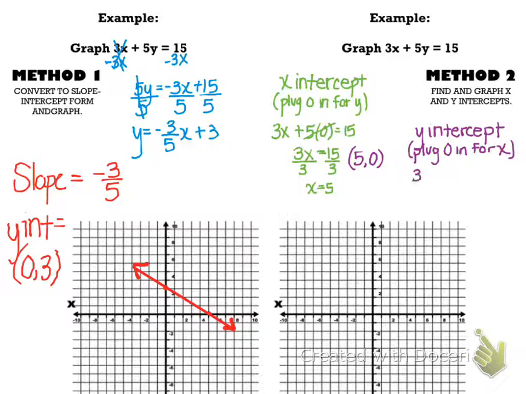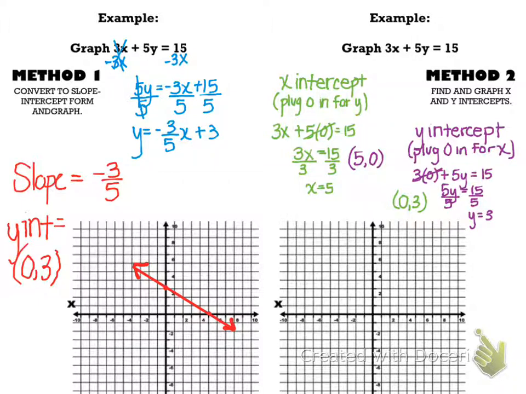So we're going to have 3 times 0 plus 5y equals 15. 3 times 0 is 0, so we have 5y equals 15. And to get y by itself, we're going to divide both sides by 5. So therefore, y equals 3. And again, since we plug 0 in for x, our coordinate point is going to be 0, 3.